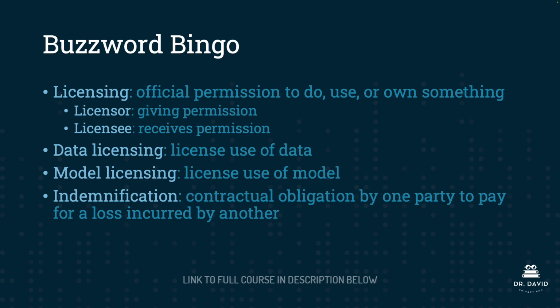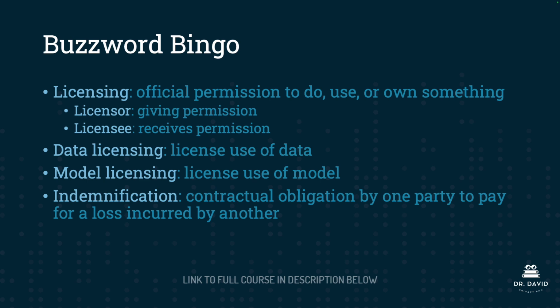Data licensing, therefore, is a license to use data. For example, a website may license their data to an AI company, giving that AI company the freedom to scrape that data and to train their models on that data. Similarly, model licensing is the license of a model.